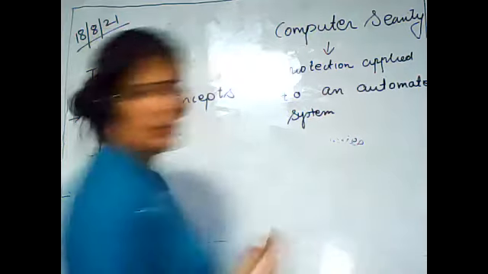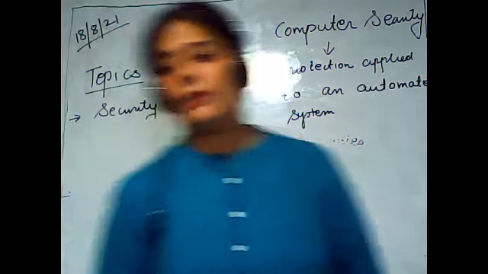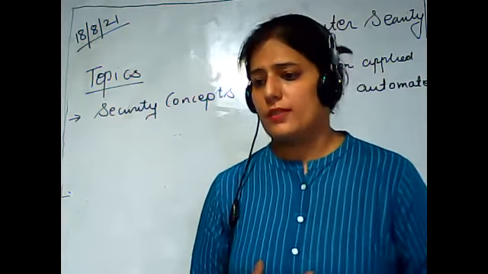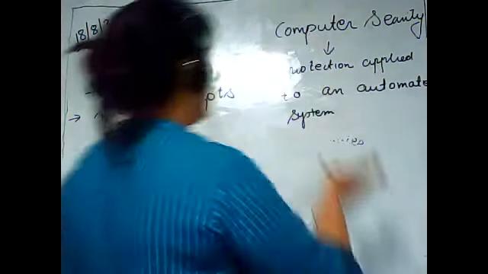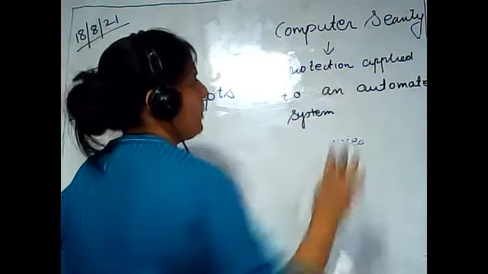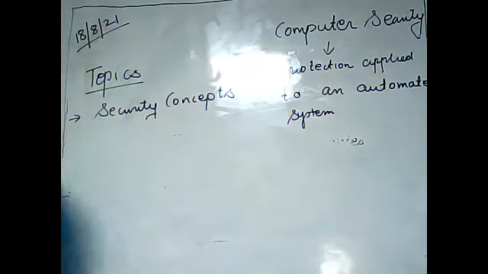Just to generate the automation system. We have so many information systems and automation systems that work on a computer system. So what is the main agenda of computer security? That we need to apply protection to the automated system. This is how we can provide protection to the automated information system.